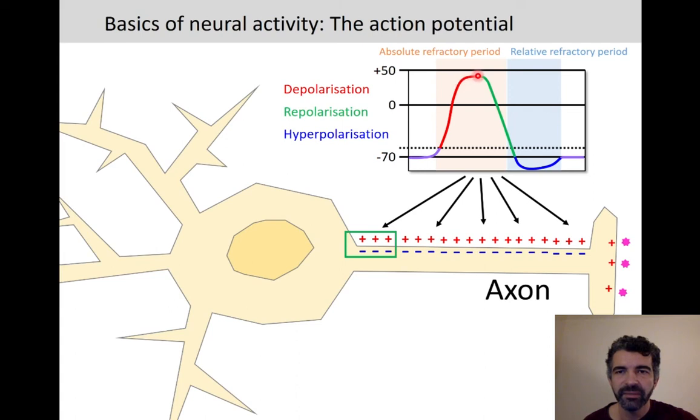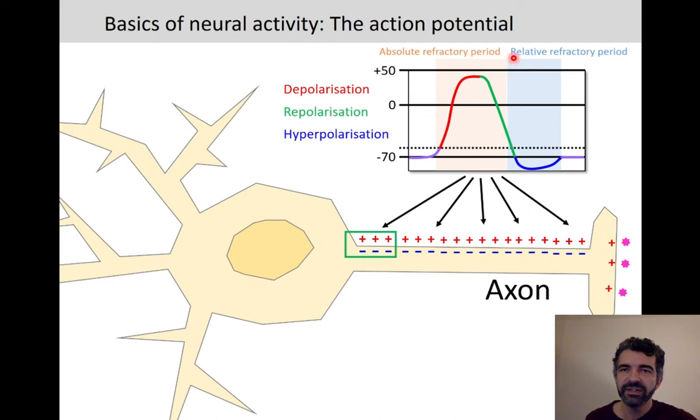And then the repolarization happens, which means that a lot of positive ions flow outside of the cell, resulting in a more negatively charged inner part of the cell compared to the outside of the cell. This hyperpolarization is for a brief moment. There will be an even more negatively charged inner part of the cell than the outer part, so it goes beyond minus 70 millivolts and then back to the resting potential.